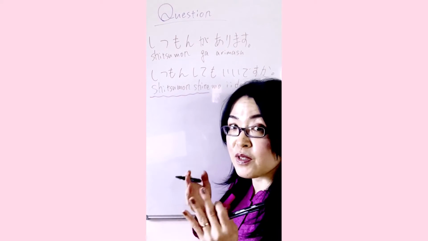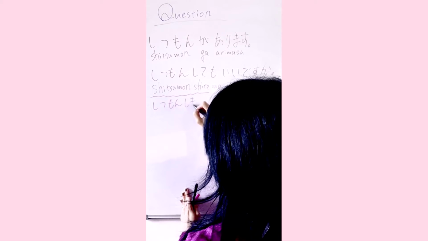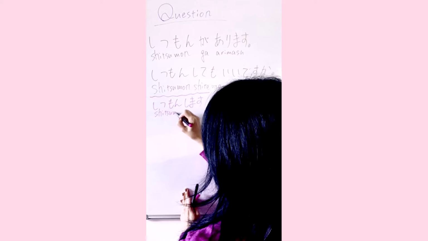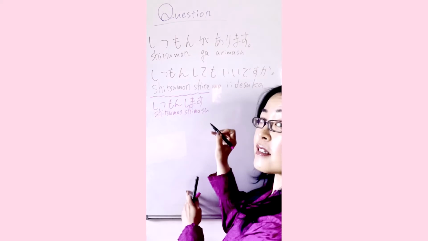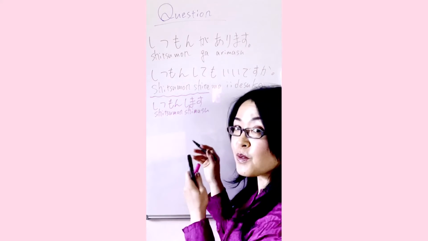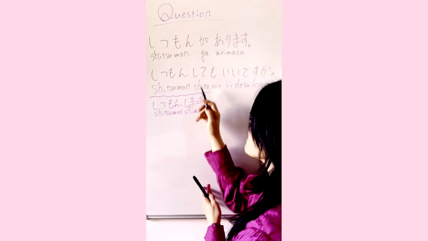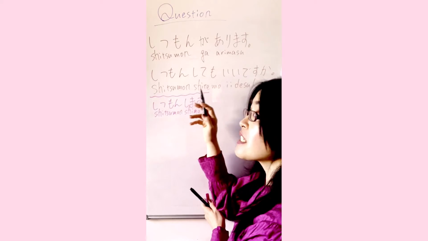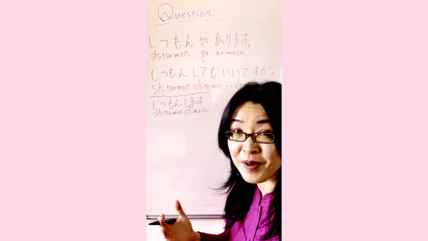So, 質問します。This is verb, a bit long one. So, do questions, it means, yes. So, 質問します。This is a verb and then it changed to, it is called te form. 質問して, and then もいいですか？ Is it okay if I ask questions?